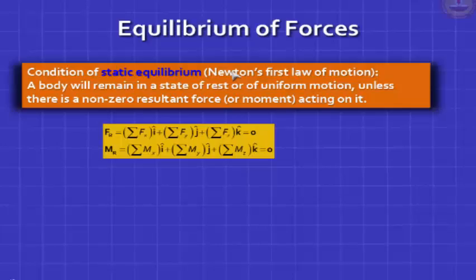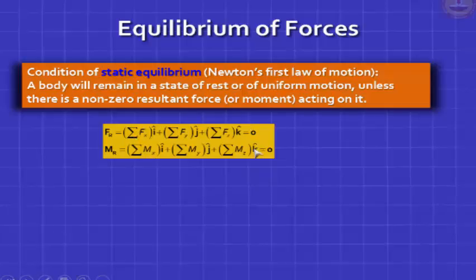So these are vectors, and in a three-dimensional space, the resultant force F must be 0. So you say Fx dot i, where i is a unit vector, Fy dot j, Fz dot k. Similarly, for moment, you can talk of Mx dot i. You have to sum up all the moments.